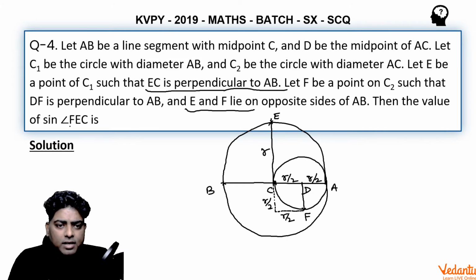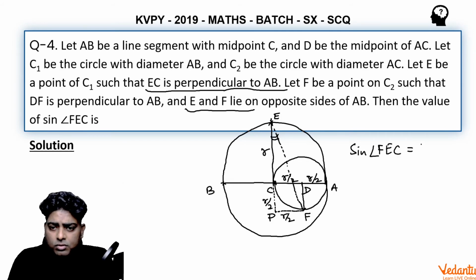So for angle FEC, I have to join F with E. This angle is required, in fact, sine of this angle. Suppose this is P, then sine of angle FEC is equal to PF upon EF, isn't it?